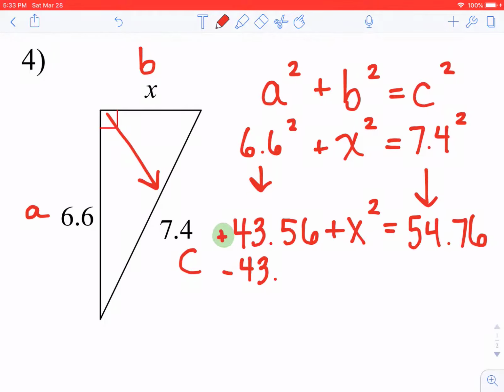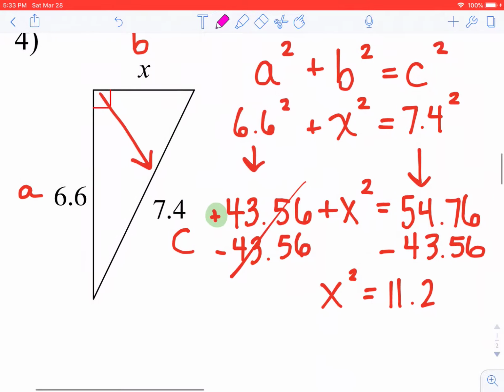You always do the inverse of what we see here. What I do to one side, I do to the other. These go away. X squared is alone. And in my calculator, I'm going to subtract 54.76 minus 43.56 is giving me 11.2.